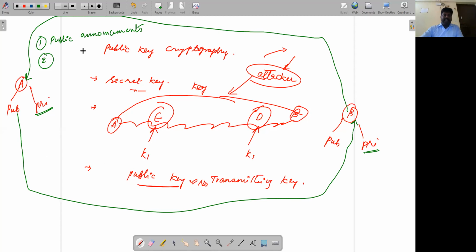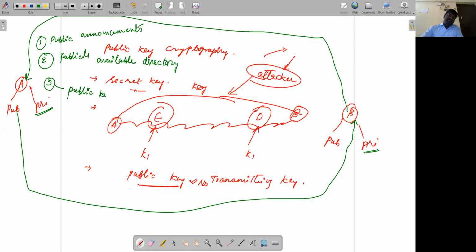What is the second one? Anyone can unmute and say the answer. The second technique through which a public key can be distributed. Anybody? Waiting for your reply. Publicly available directory, right? And the third one is, what is the third one?